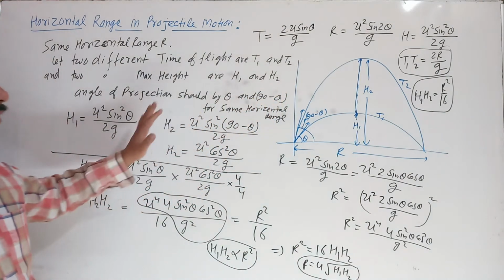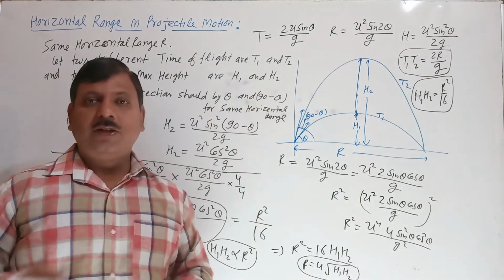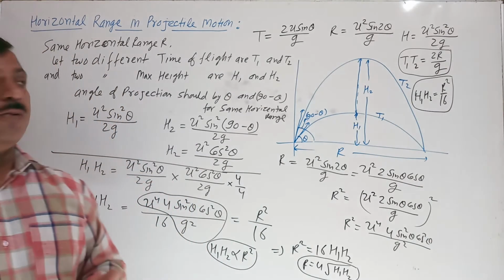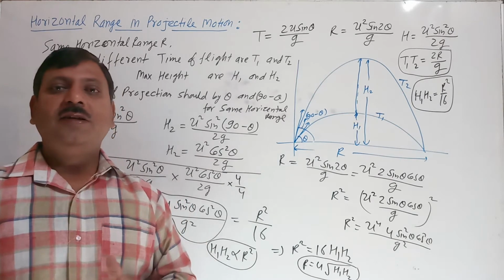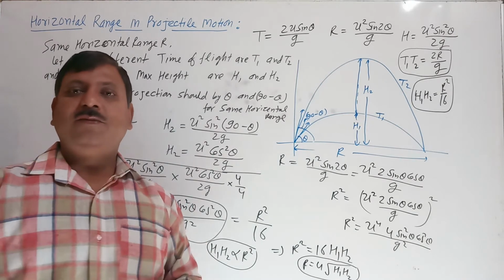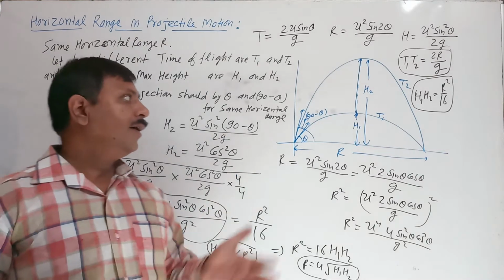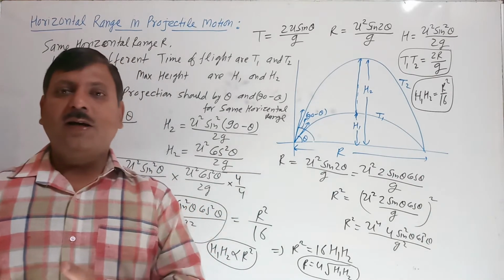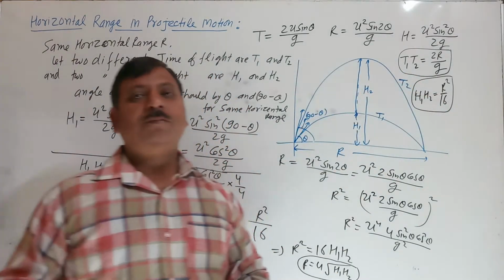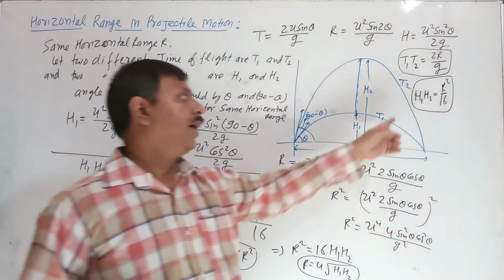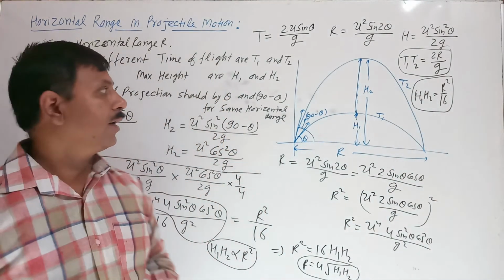Remember it. They ask objective questions. If T1 T2 are different times of flight for the same range, they will give 4 options: proportional to R square, independent of R, proportional to R, proportional to R cube. The relation is T1 T2 is proportional to R, and H1 H2 is proportional to R square.